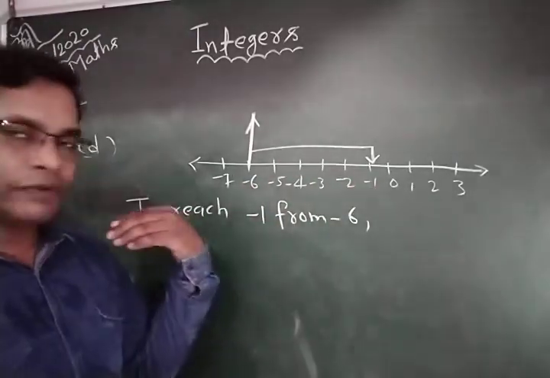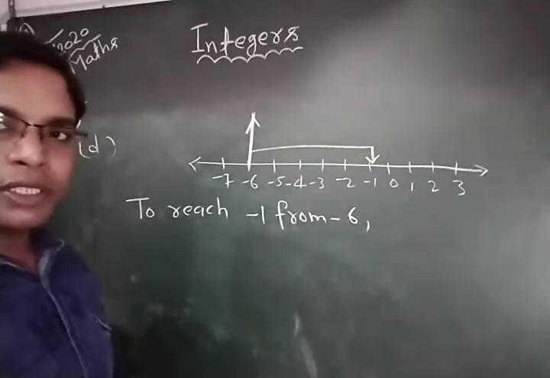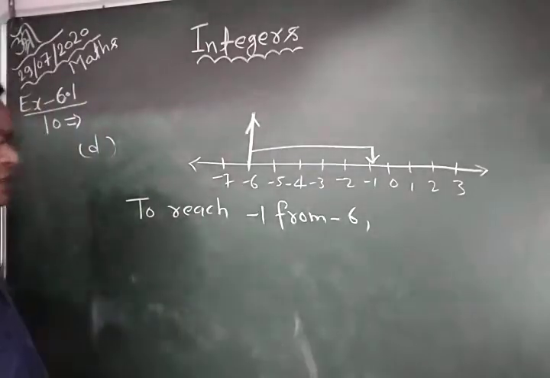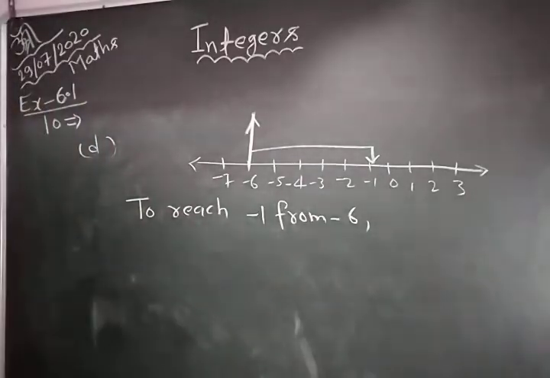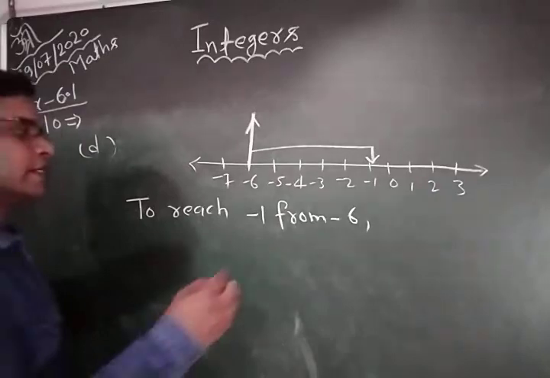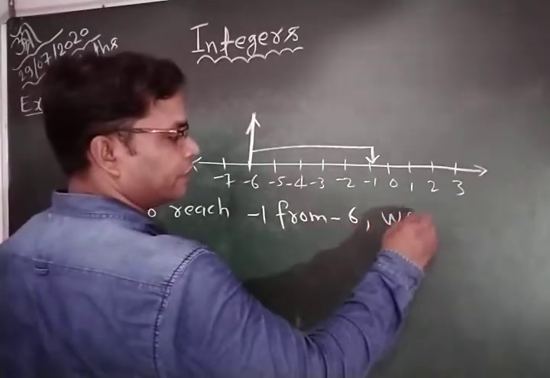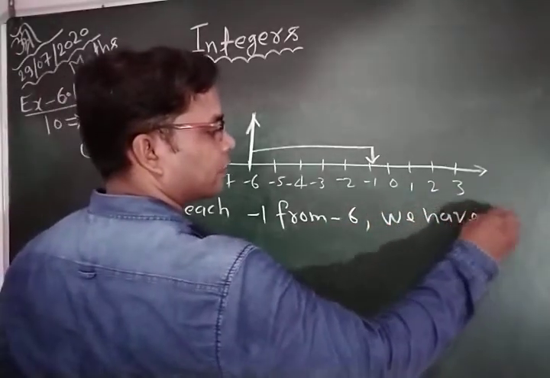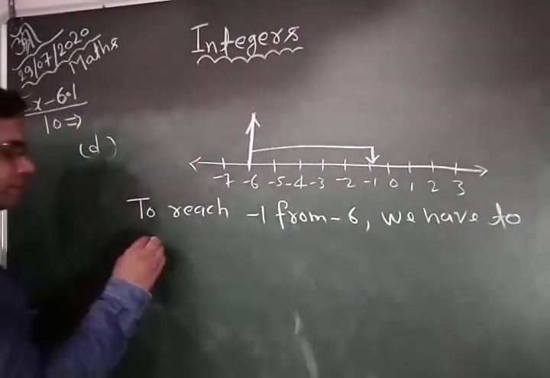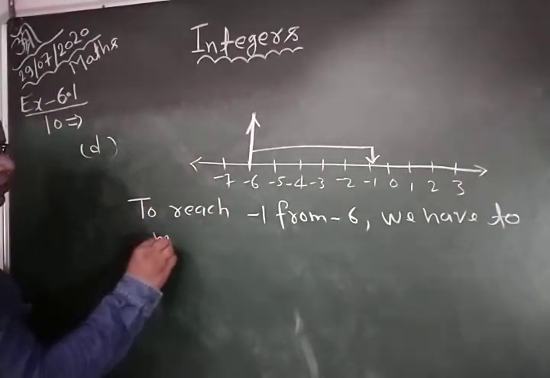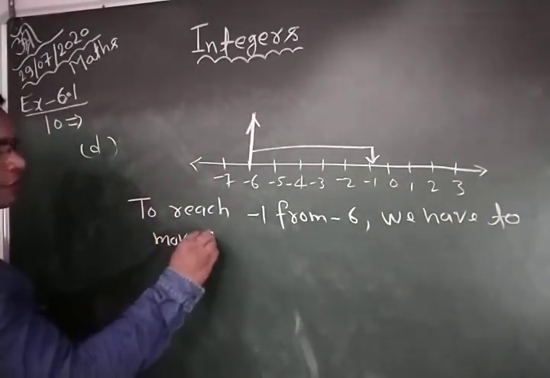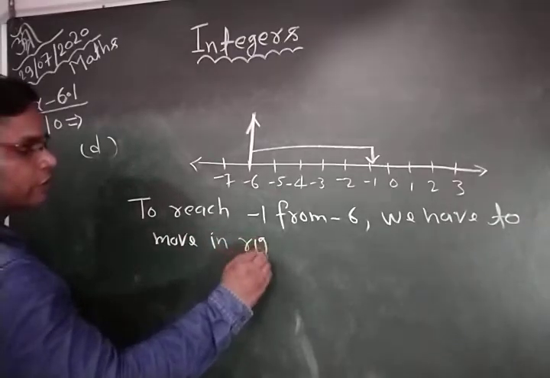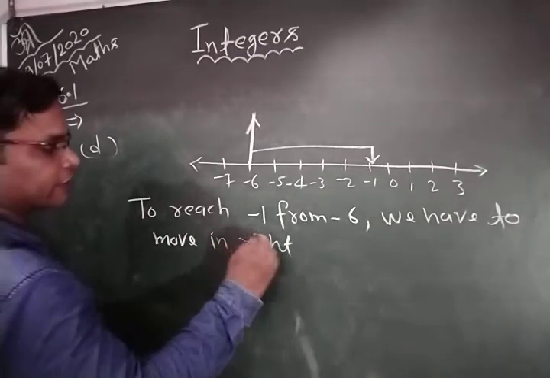So in which direction do we move? We move in the right direction. So to reach -1 from -6 we have to move in the right direction.